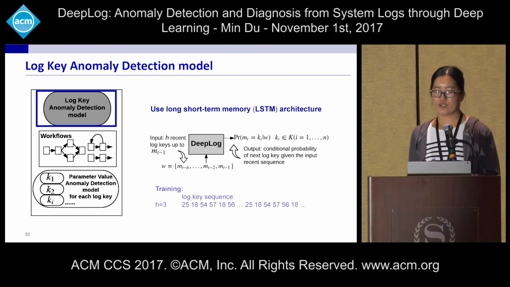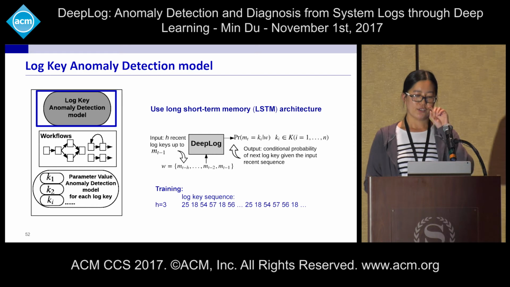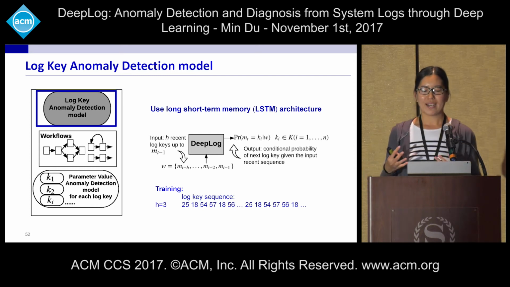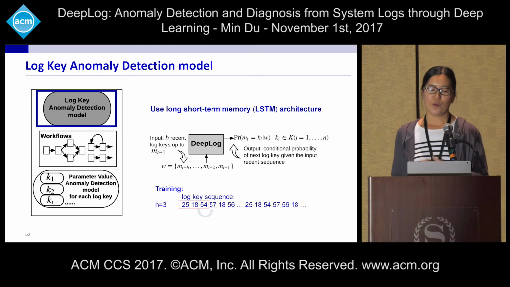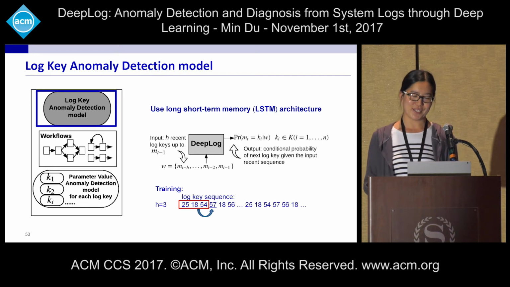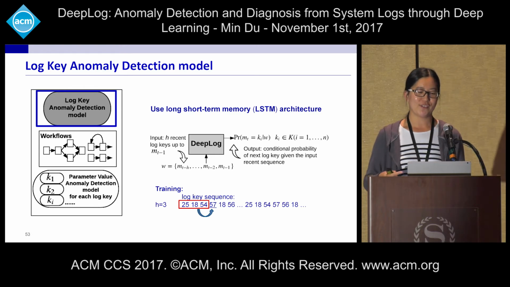For example, in the training stage, this is a normal log key sequence, and we assume the history window size is 3. So the first input is just the first 3 log keys, and our target output is 57, which means we want to train this model so that it predicts 57 with 100% probability. So here we just tune the parameters to minimize the difference between the output of this model and the target output of 57 at 100%. This goes on and on.